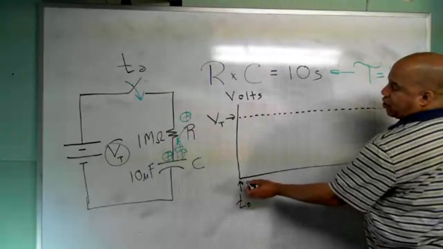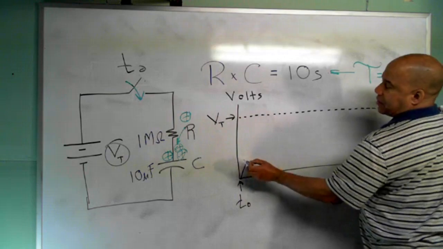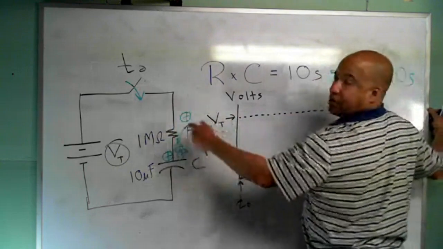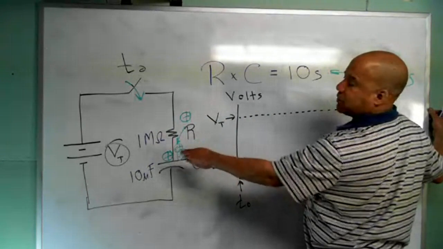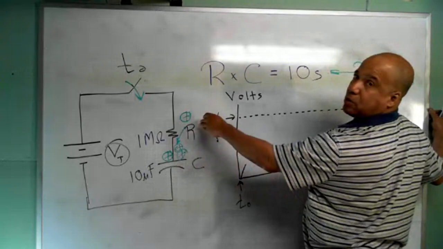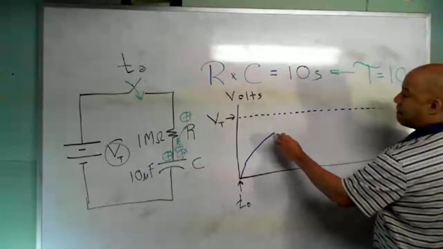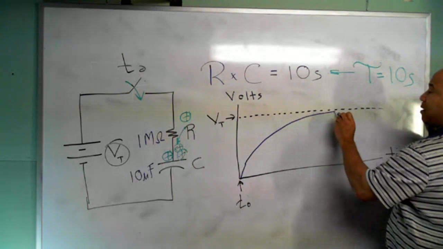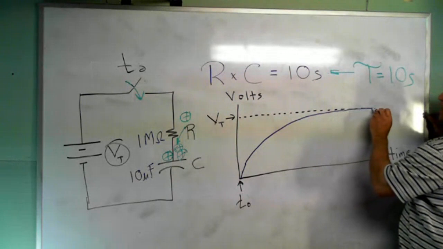What's going to happen is that capacitor is going to charge up real fast at first. But then the more charge I get into the capacitor to add more voltage, the harder it is for the next one to get on the plate. So it's going to start out real fast, and then it's going to level off and go slower and slower. It's going to look like this. But eventually, it'll reach the total voltage and it'll stay there.